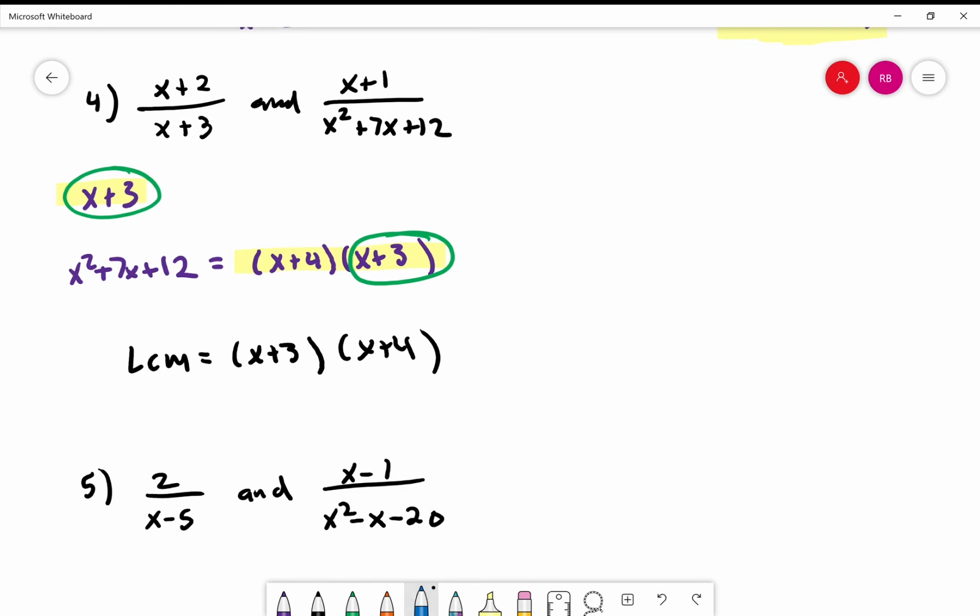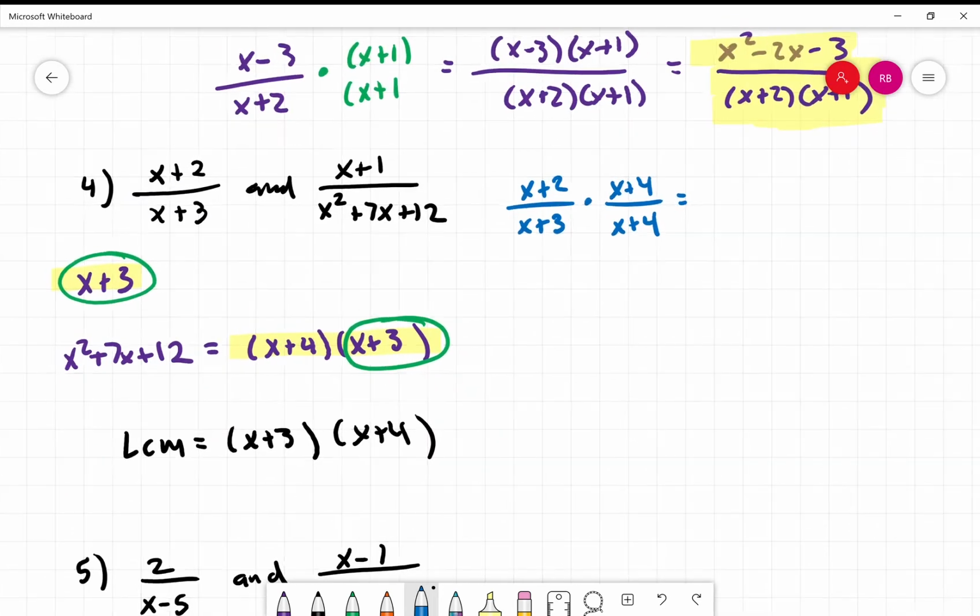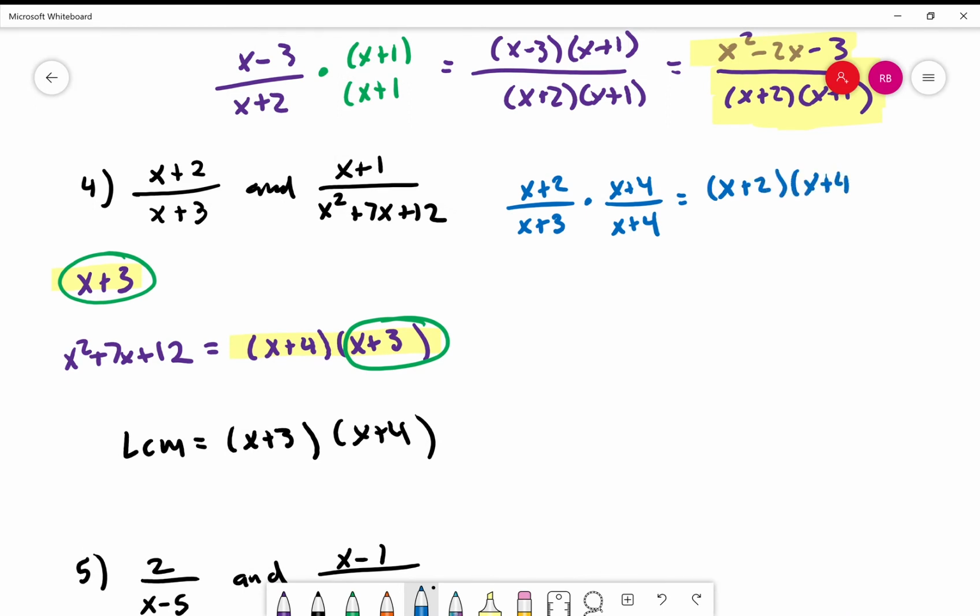So we have x plus 2 over x plus 3. The denominator already has x plus 3, but we want x plus 4 because that's the one that's missing from our LCM. So we need to multiply both top and bottom by x plus 4. So then that gives me x plus 2 times x plus 4 over x plus 3 times x plus 4.